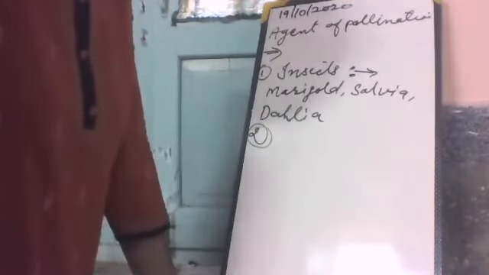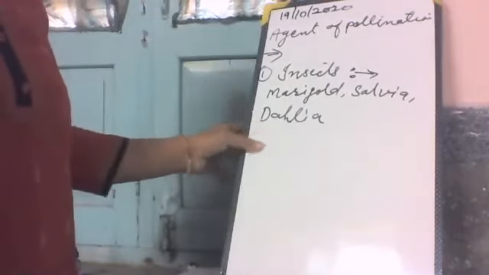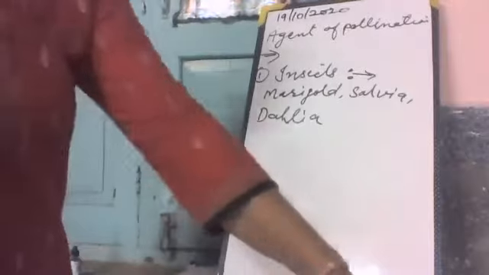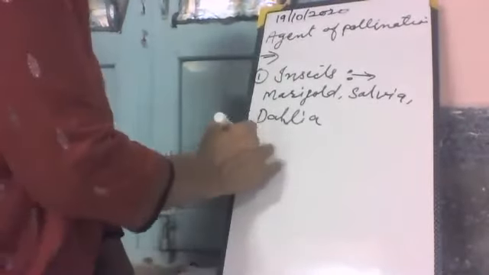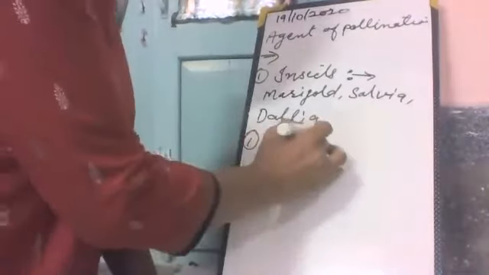Characteristics of insect pollinated flowers. What characteristics does such a flower have? These flowers are large with colored petals.